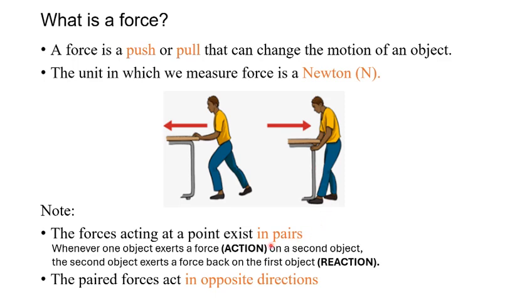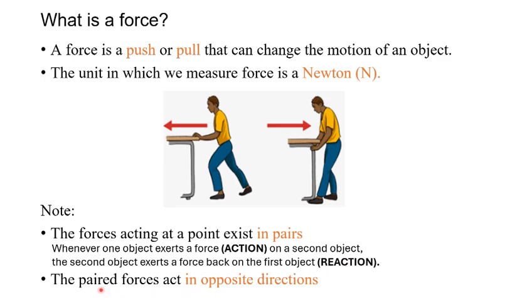Whenever one object exerts a force, which is an action, if a man pushes a desk, the applied force by the man is the action, and the pushing against the man by the desk is referred to as the reaction force.